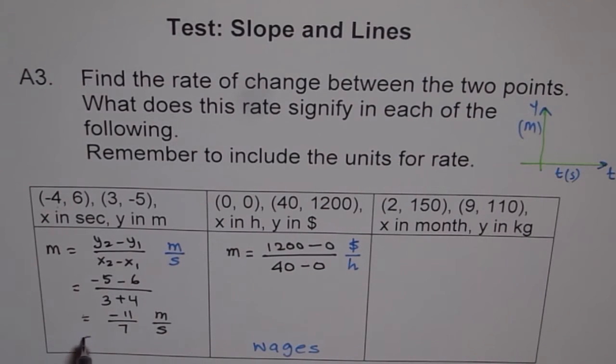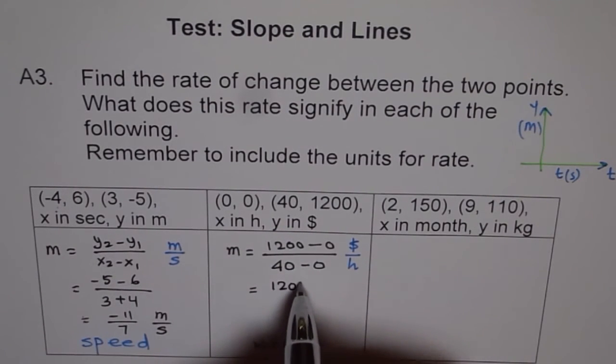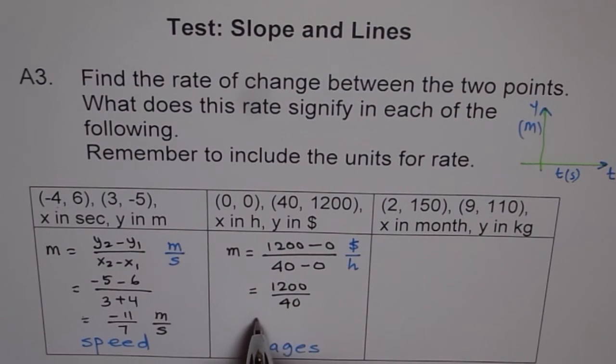So this can be solved as 1200 over 40, correct? When you divide 1200 by 40, that cancels. Divide by 10 both sides, and get 30 dollars per hour. That's what it is, and that is kind of wages.